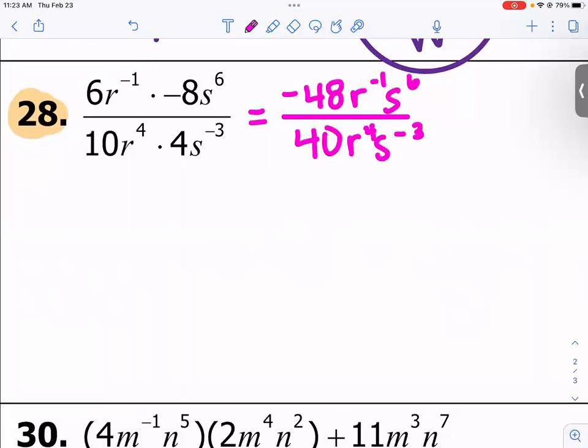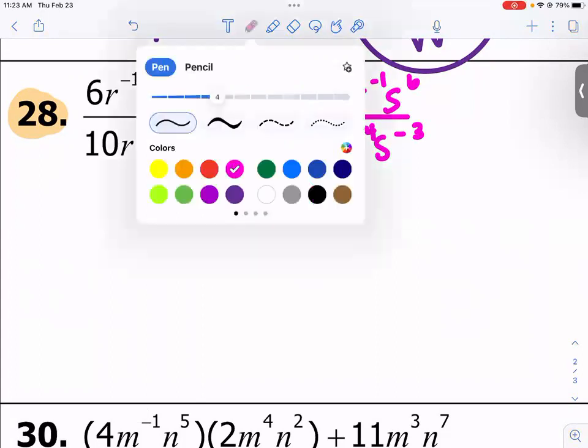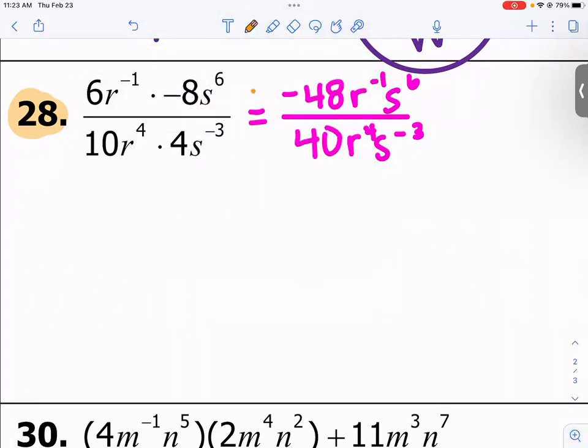Can we divide -48 and 40? But we can divide each of them by 8. So -6 over 5. Okay. Or if I take -1 minus 4, what do we get?